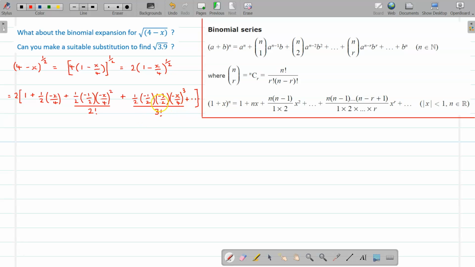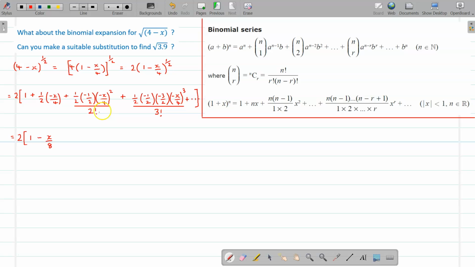And you'll see just how important that is in just a minute. So let's just tidy up the expansion by simplifying these terms a bit. So we've got two lots. So you've got here 1 plus, now it's going to be minus x over 8.